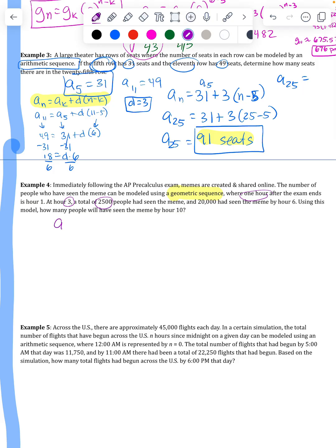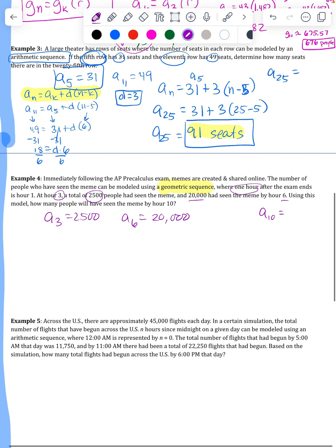Okay. So this is going to be 2,500. And then 20,000 had seen it by hour 6. So the 6th number would be 20,000. Using this model, how many will have seen it by hour 10? Okay, so same exact process. It's geometric in nature.